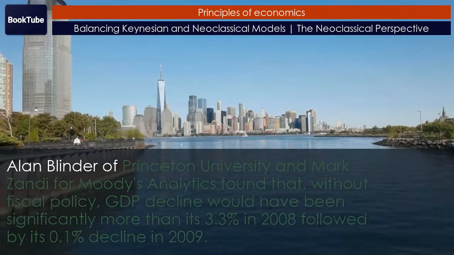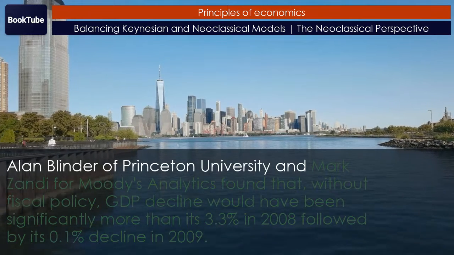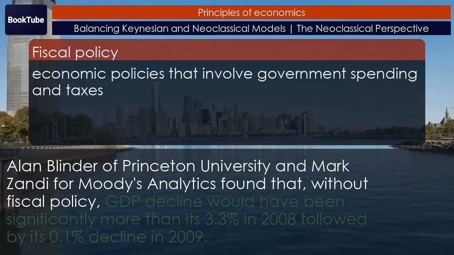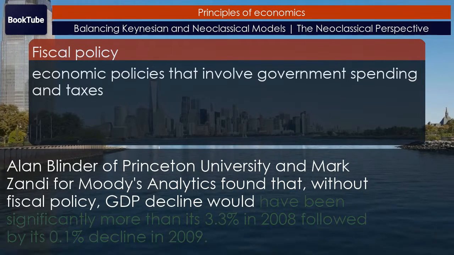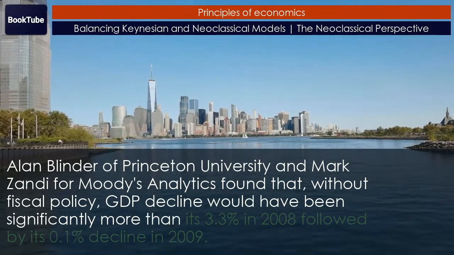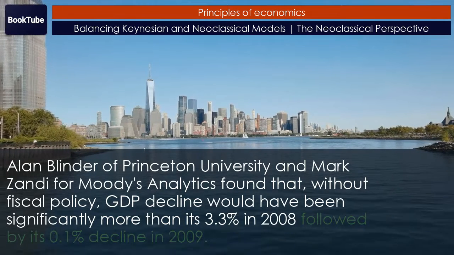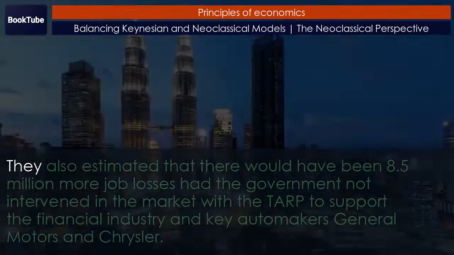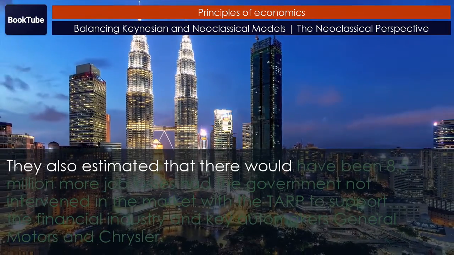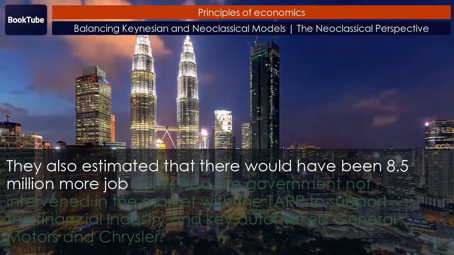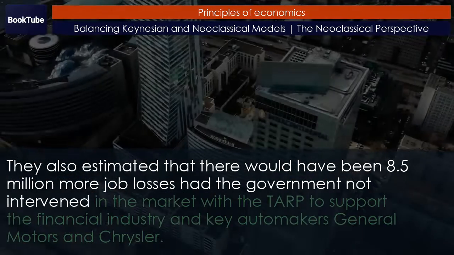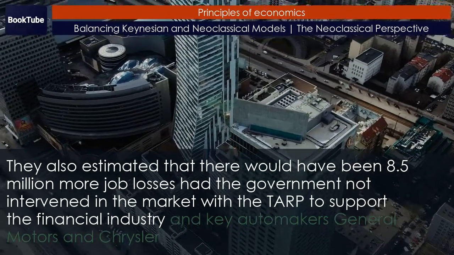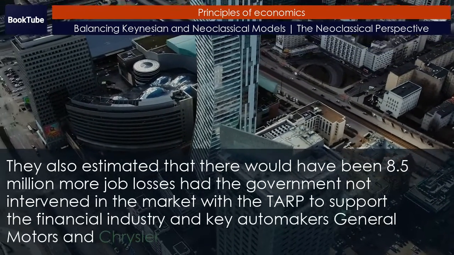Alan Blinder of Princeton University and Mark Zandi of Moody's Analytics found that, without fiscal policy, the GDP decline would have been significantly more than its 3.3% in 2008, followed by its 0.1% decline in 2009. They also estimated that there would have been 8.5 million more job losses had the government not intervened in the market with the TARP to support the financial industry and key automakers General Motors and Chrysler.